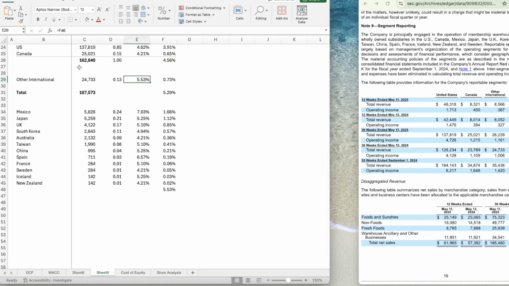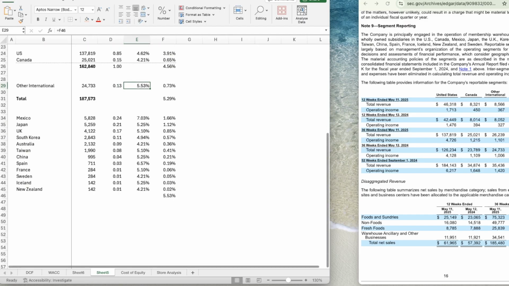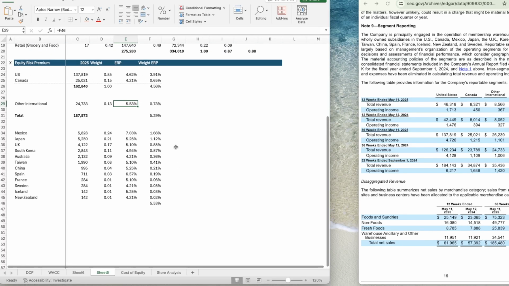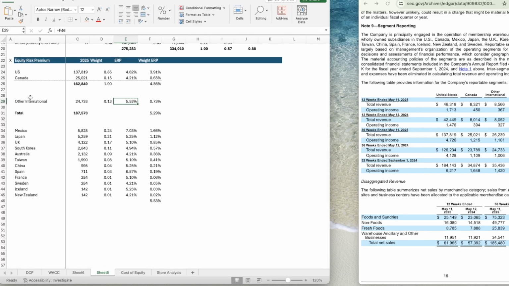Okay, let's just come out a bit. Yeah, so the ERP for other international is 5.53%, and we've done that by taking a weighted ERP of the weighted equity risk premiums for each country relative to how much revenues they generate and their risk premium.